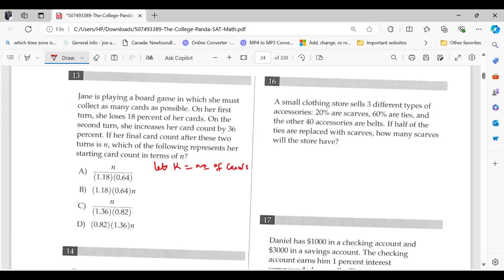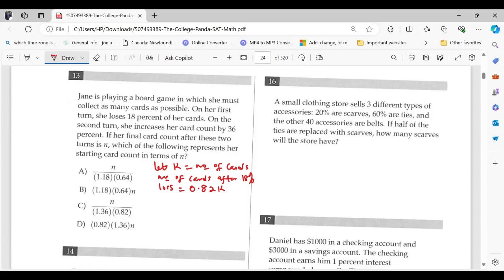So after an 18% loss, the number of cards equals, since 18% loss gives a multiplier of 0.82, 0.82K remaining.